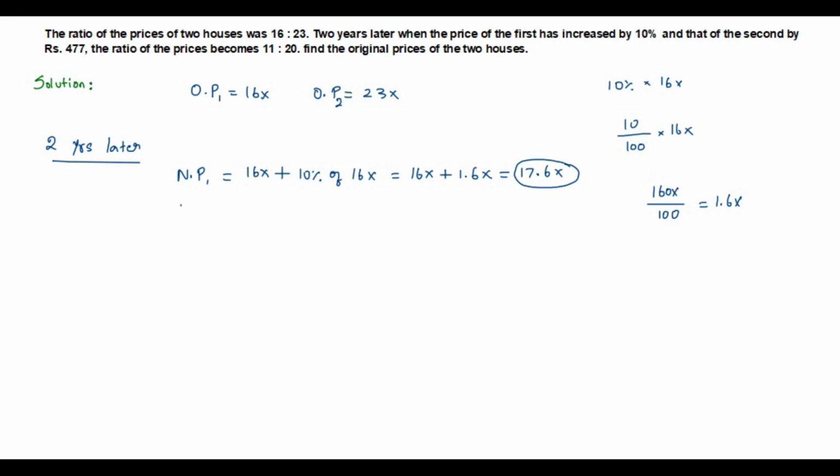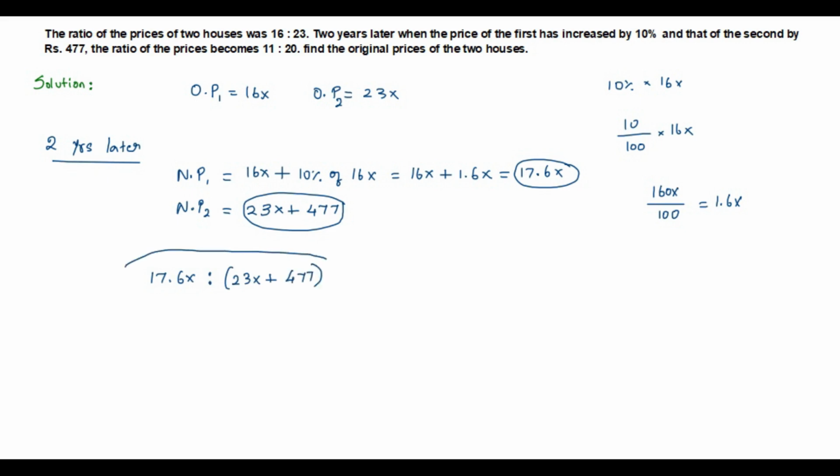Let's find the price of the second house. That is, new price of the second house is equal to the original price 23x plus the increment, that is 477. So this is the new price of the second house. What is the ratio between these two new prices? 17.6x is to 23x plus 477. So this is the ratio between the price of two houses 2 years later.